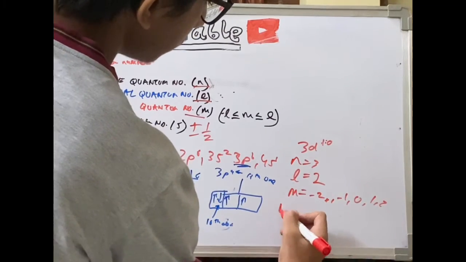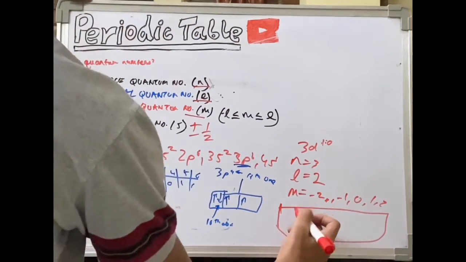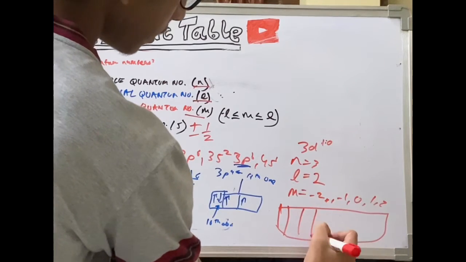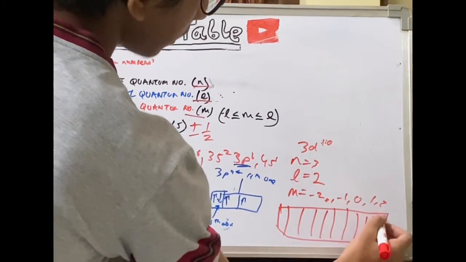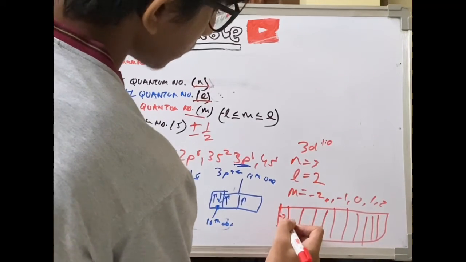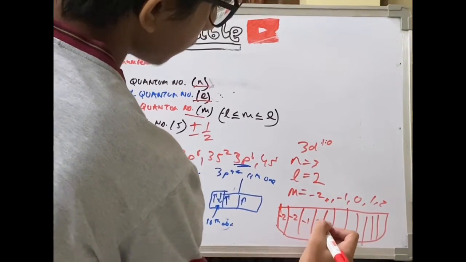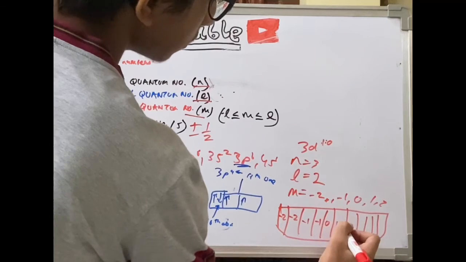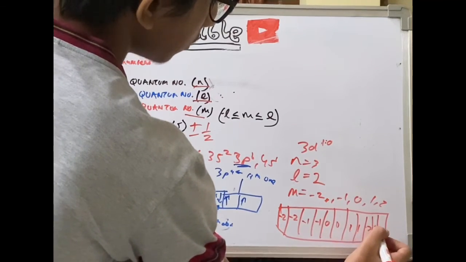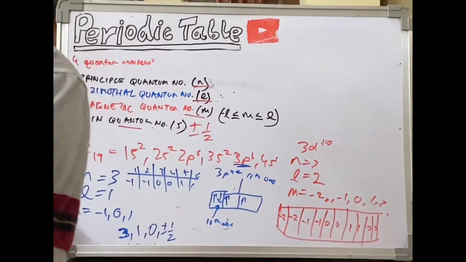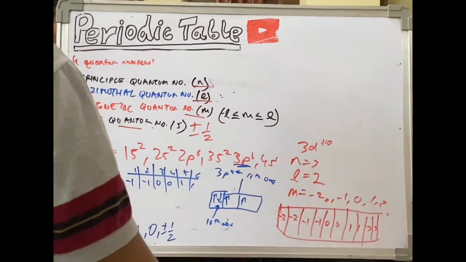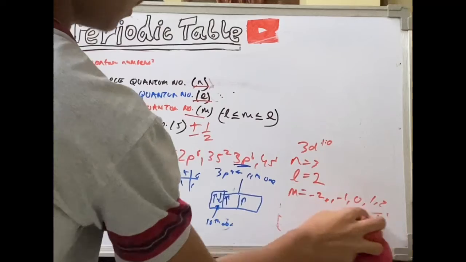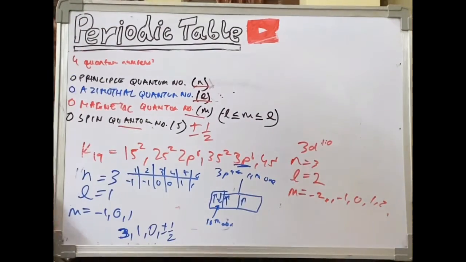For the 10 electrons, I am drawing the electrons, not the orbitals: 1, 2, 3, 4, 5, 6, 7, 8, 9, 10. So one will have minus 2, 2 will have minus 1, 0, 0, 1, 1, 2, 2. That will meet the necessary electronic configuration, so you can easily write it that way.